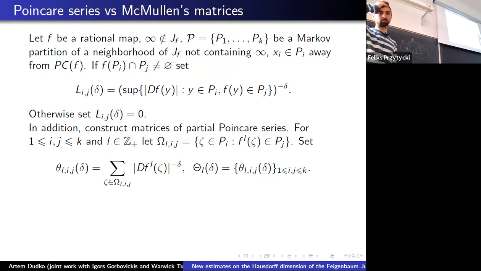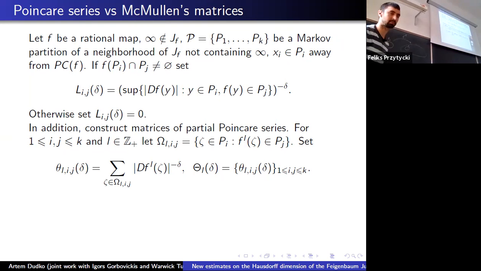if we have two pieces Pi and Pj, so that one of them is mapped under some iterate, maybe large, maybe not, FL, onto the other. So here, remember, we have marked points.